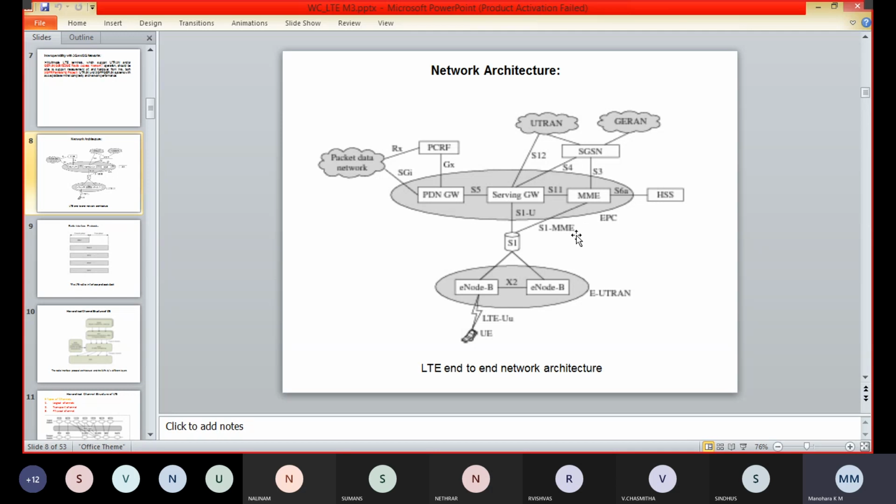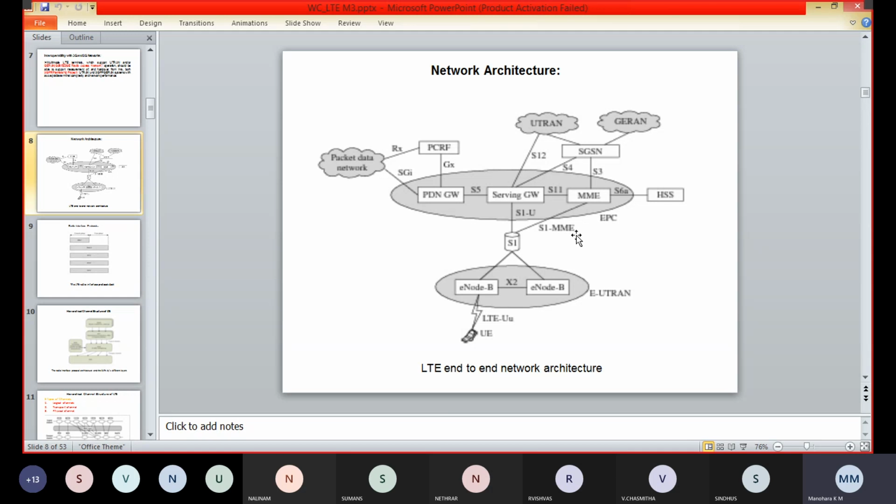In addition, it is a local mobility anchor point for inter-eNode B handovers, and also provides an anchor for inter-3GPP mobility.